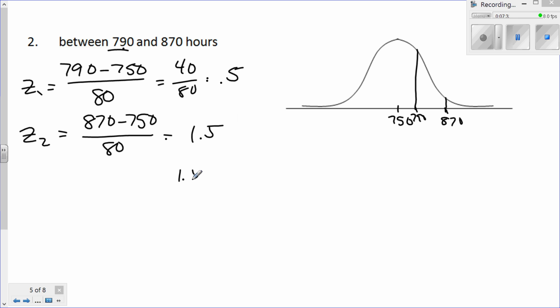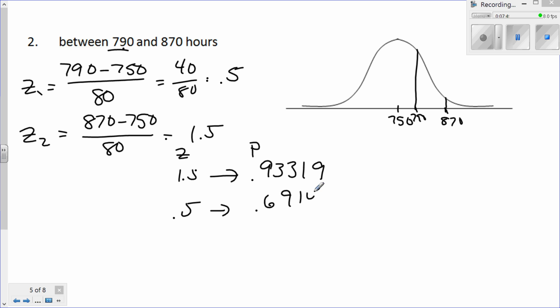When I look up 1.5 as a z-score, that gives me a probability of 0.93319. When I look up 0.5 as a z-score, that gives me a probability of 0.69146. And then I'll subtract those two values, because what I'm interested in is the area in between those two values, in between 790 and 870.